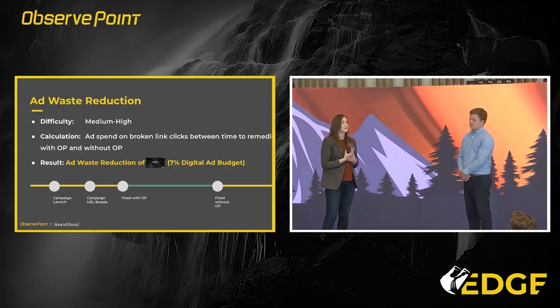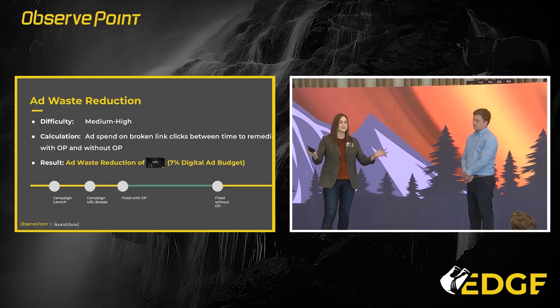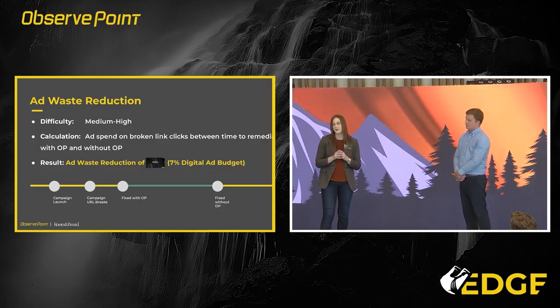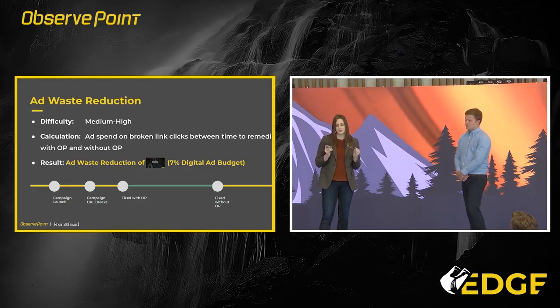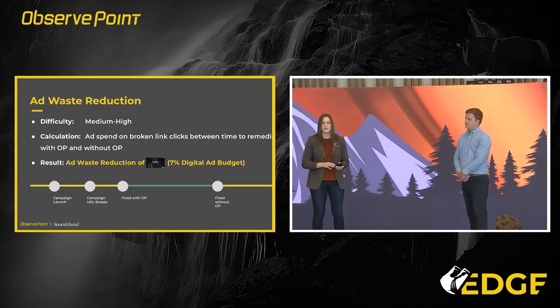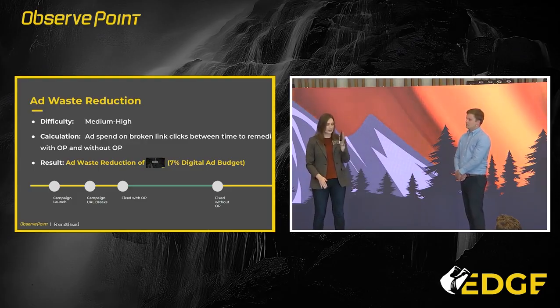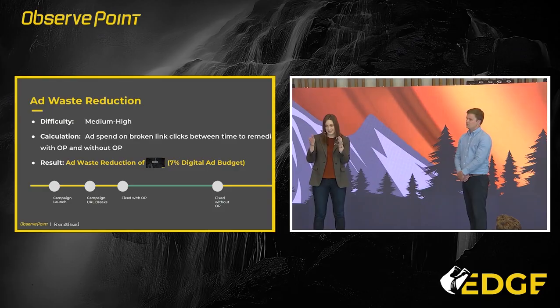My favorite, and my personal first project with ObservePoint and Roomboard together, was ad waste reduction. So again, we're reducing that time to remediation, right? This starts to be medium-high to calculate. All we're doing is saying, if we had ObservePoint versus if we didn't, what is the time between those two?